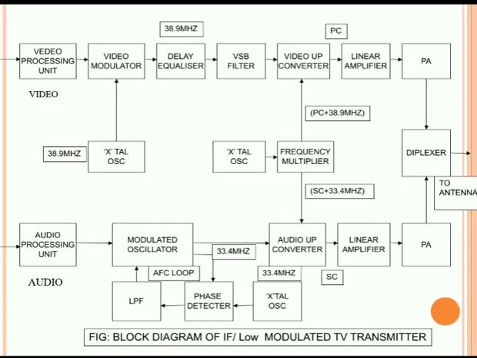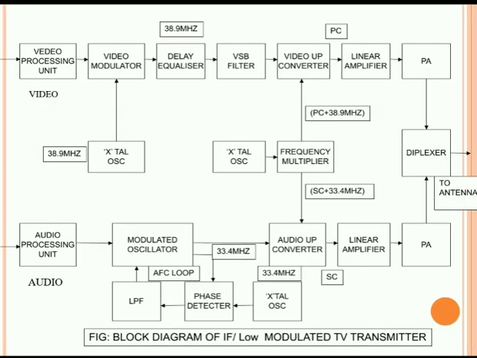After the combination, we feed it to the antenna for the purpose of transmission. This is what happens in the duplexer, where we add the audio and video signals, that is the output of the visual exciter system and the output of the audio exciter system.